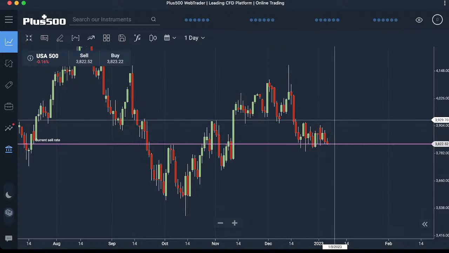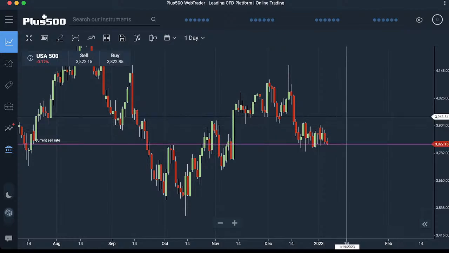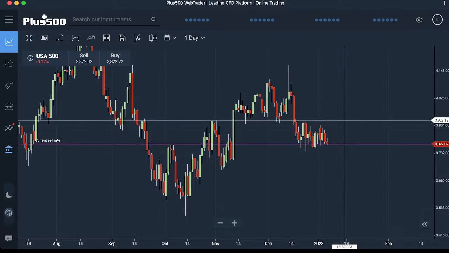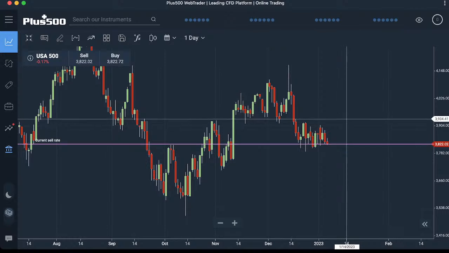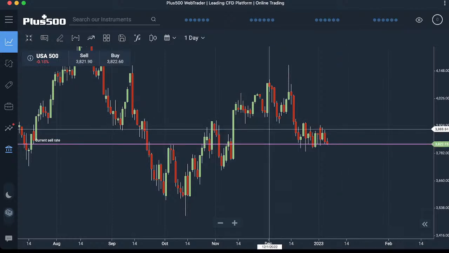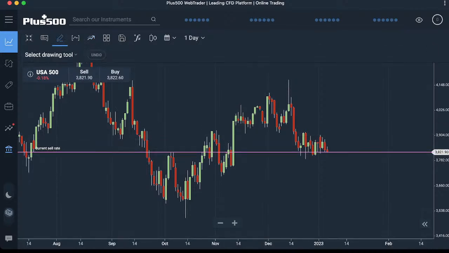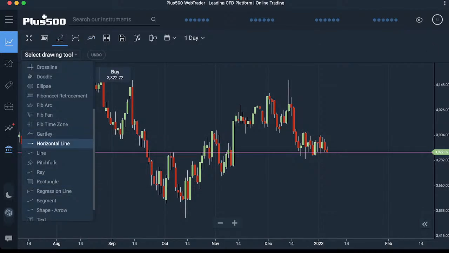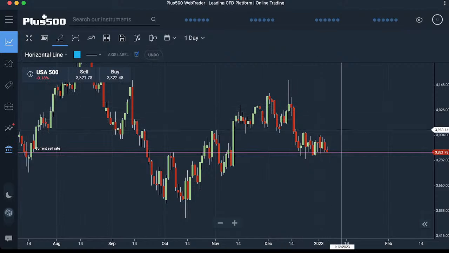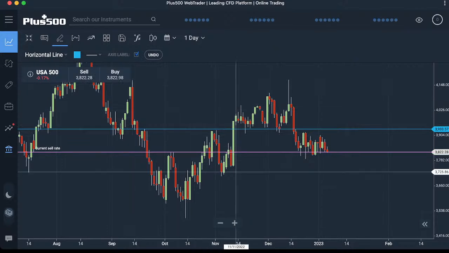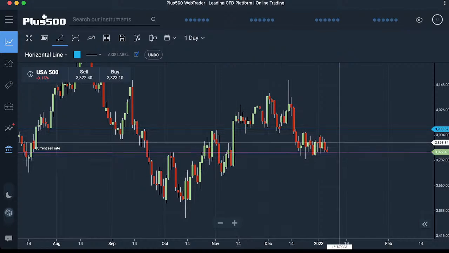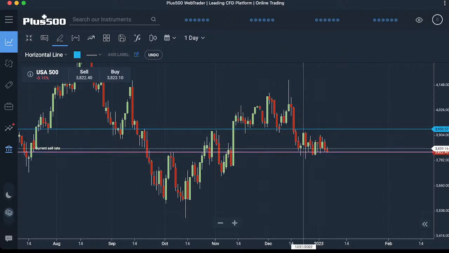So this fair value gap is acting as resistance and is not tested yet. So you can see this level, the fair value gap, which can be achieved in the NFP in the next 6 minutes.